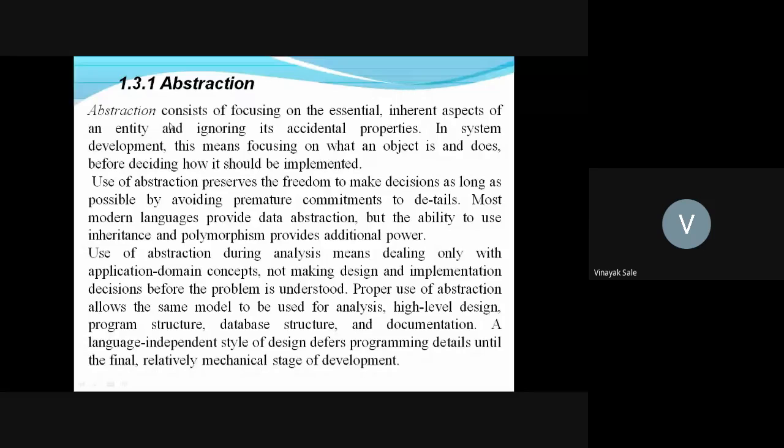Abstraction. Abstraction consists of focusing on the essential, inherent aspects of an entity and ignoring accidental properties. Use of abstraction preserves the freedom to make decisions as long as possible by avoiding premature commitments to details. Most modern languages provide data abstraction, but the ability to use inheritance and polymorphism provides additional power.